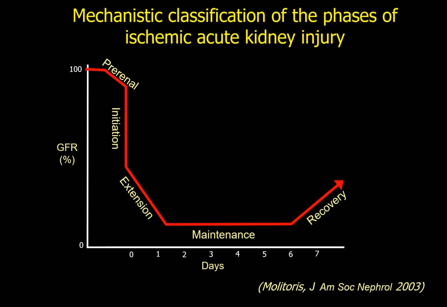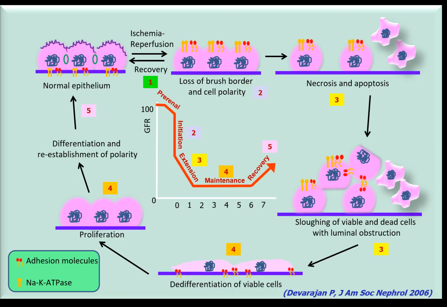The maintenance phase represents a phase of stabilization of injury and subsequent correcting events leading to cellular repair, division, and redifferentiation. This sets the stage for improved epithelial and endothelial cell function and recovery of GFR during the recovery phase. This slide illustrates the mechanistic classification of the phases of acute kidney injury at the cellular level.